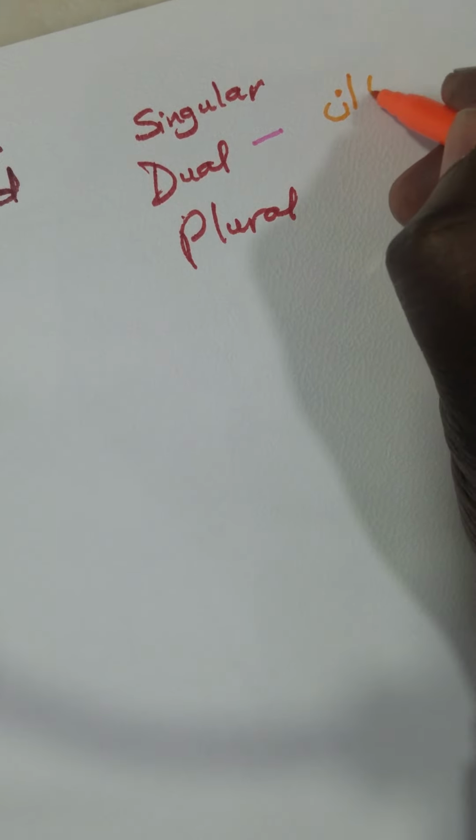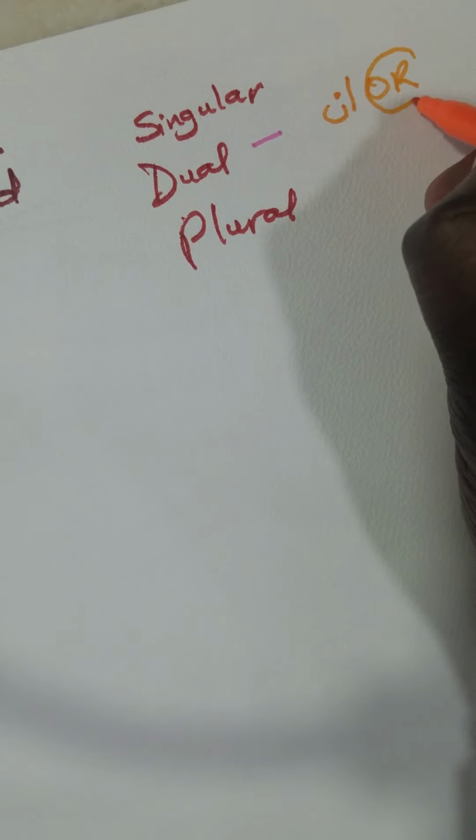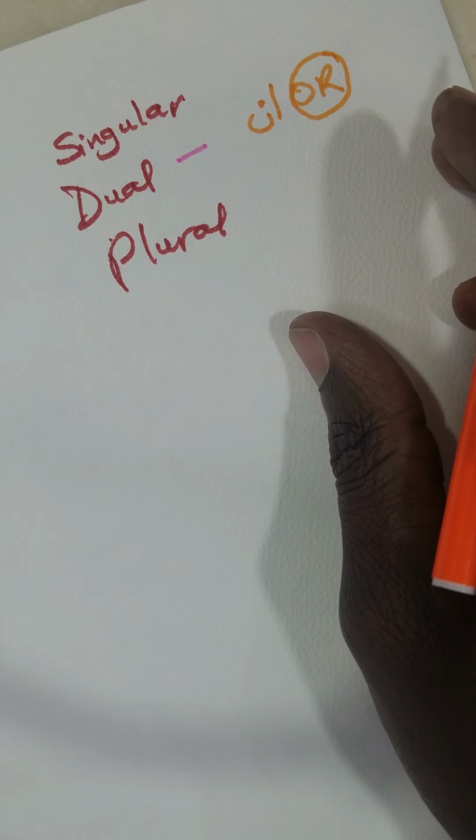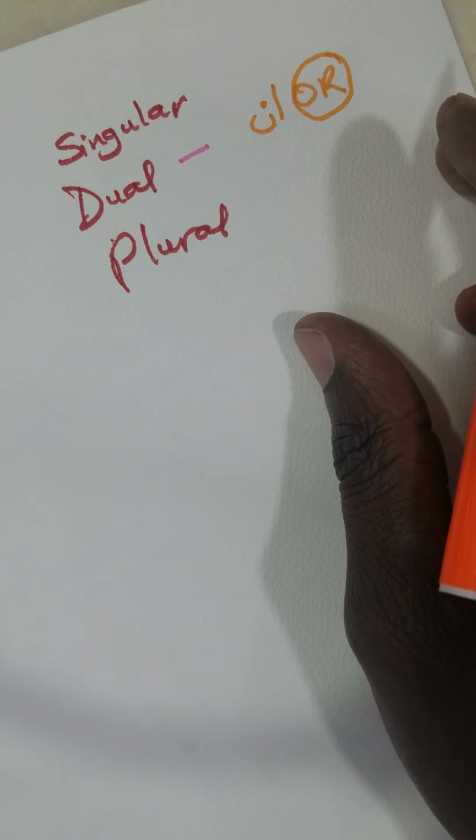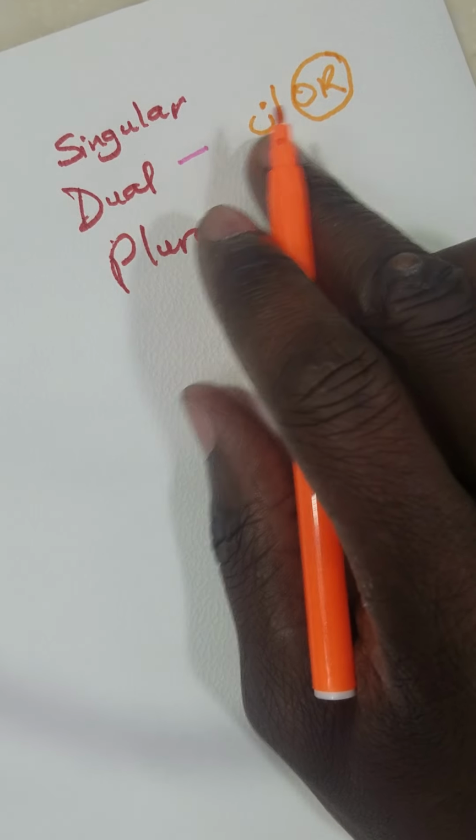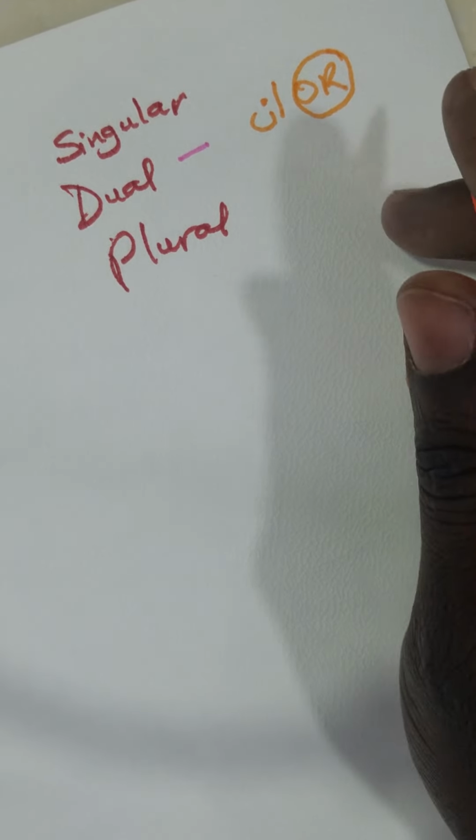So, if you haven't forgotten, you remember when we said that with dual, it will either be an or aini.